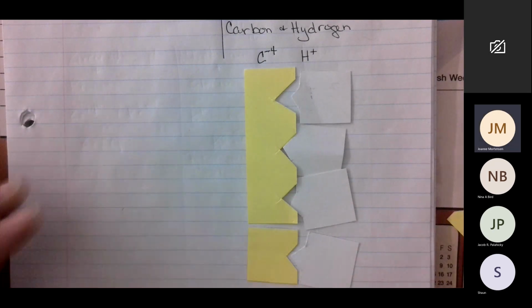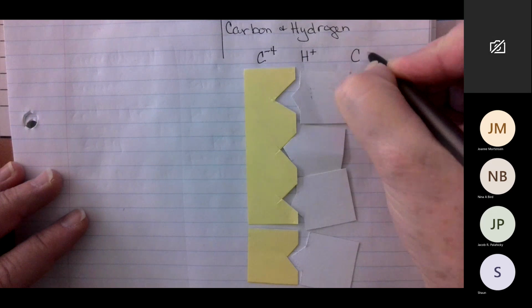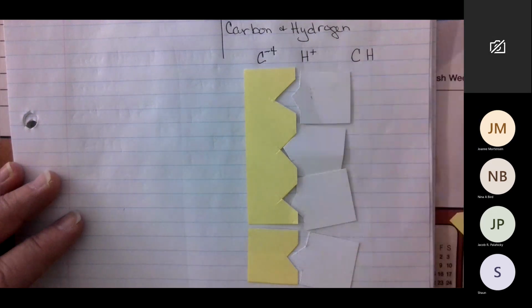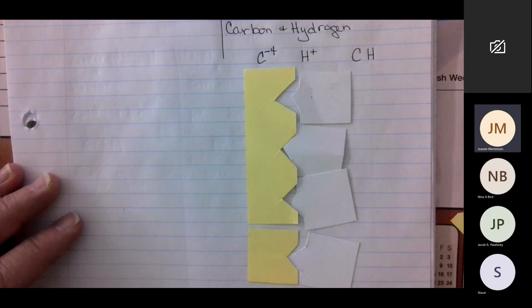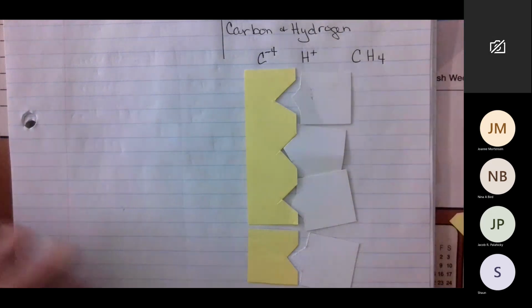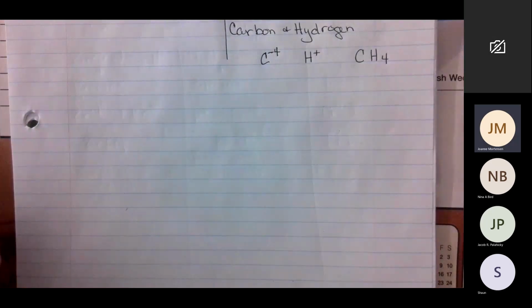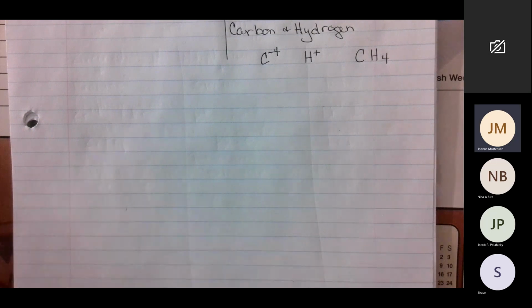So our chemical formula is going to be CH4. Now we're breaking some rules here, but that's what you normally know it as. Nobody calls it carbon hydrogen.